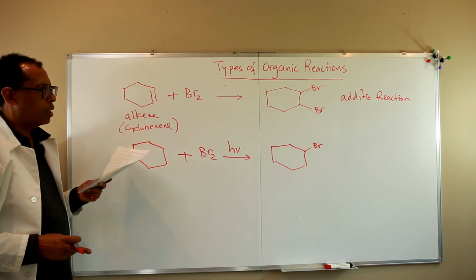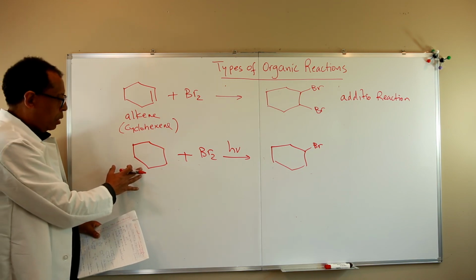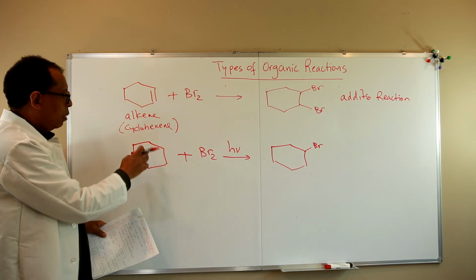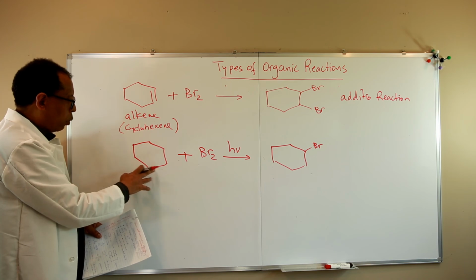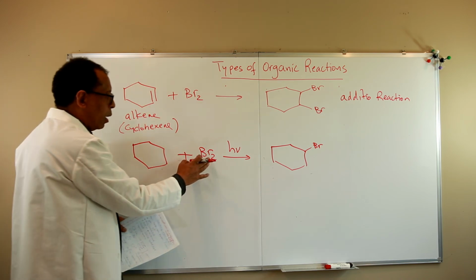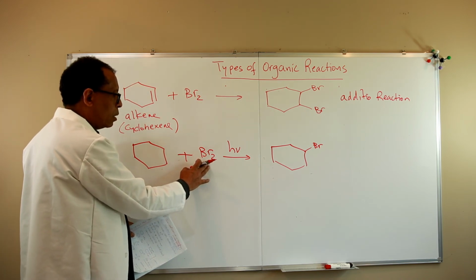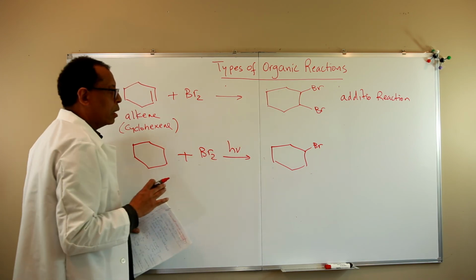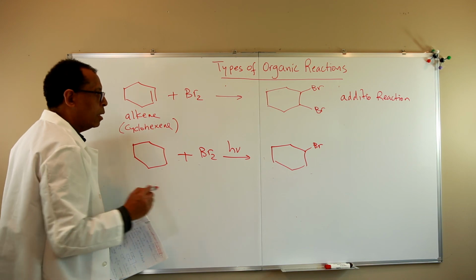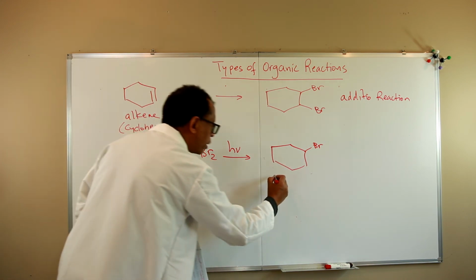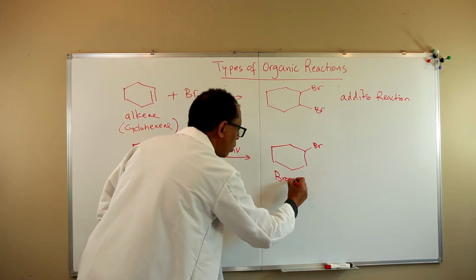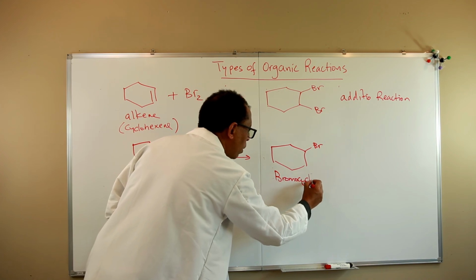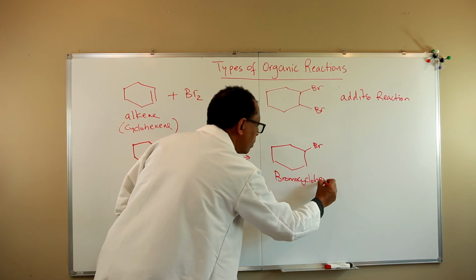Here you have cyclohexane with 12 hydrogens, you have bromine (Br2) as a reactant, and you are using light to effect the reaction. Such a reaction goes with light, and you have a bromocyclohexane compound.